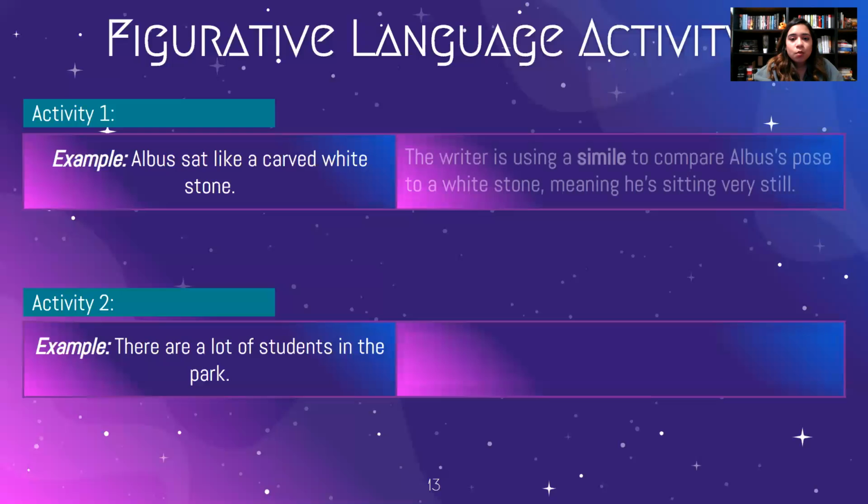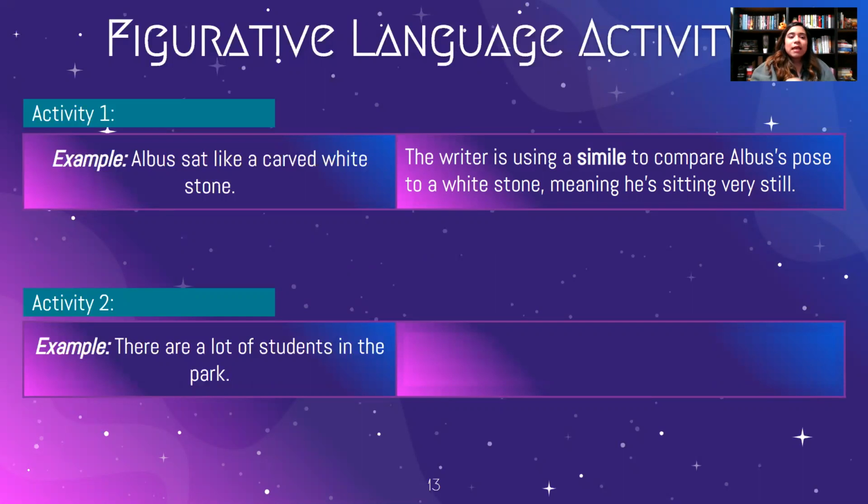And so when I explain what the writer did and what figurative language they're using, I'm going to say the writer is using a simile to compare Albus's pose, right? He's sitting like a carved white stone, meaning he's sitting very still. So a carved white stone is sitting very still, very stoic, very steady.